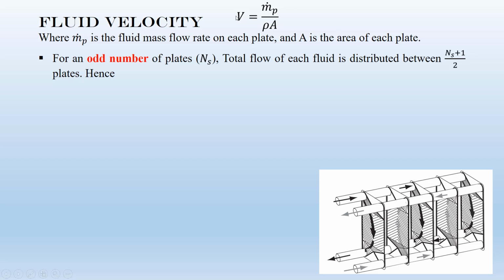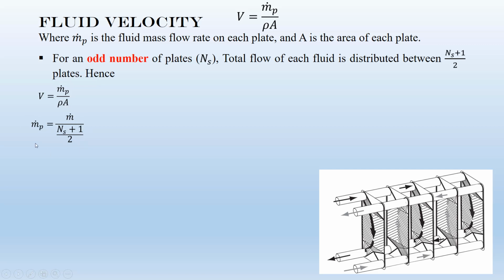So to find the velocity on each plate, you need to find the m dot, the mass flow rate on each plate. Based on this explanation, the m dot for each plate, for both hot and cold fluid, if you have a plate heat exchanger with an odd number of plates, equals m dot over (NS plus 1) over 2.